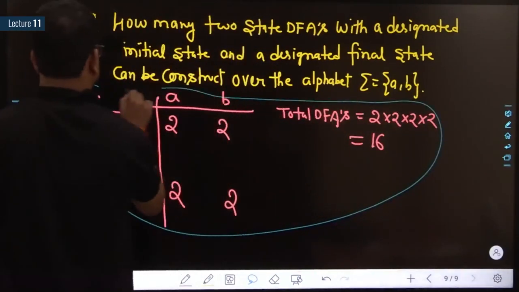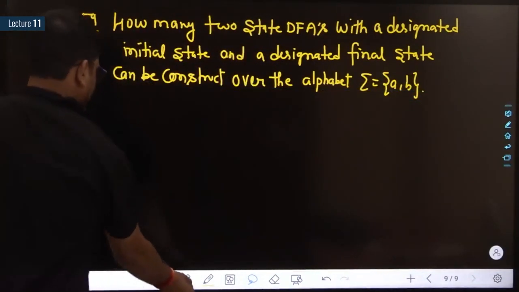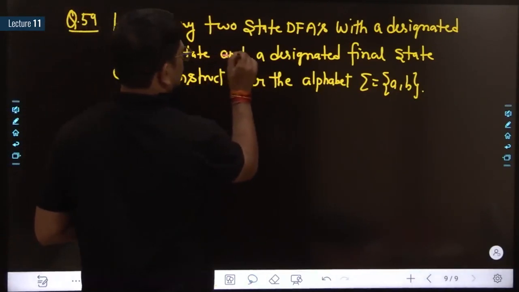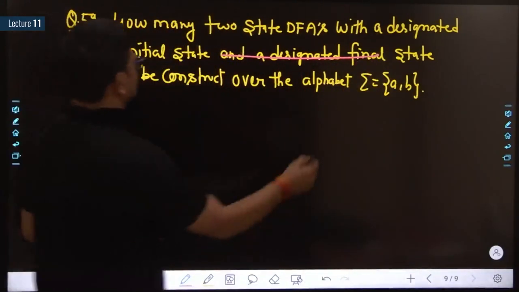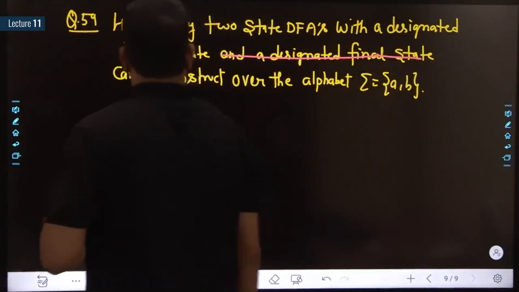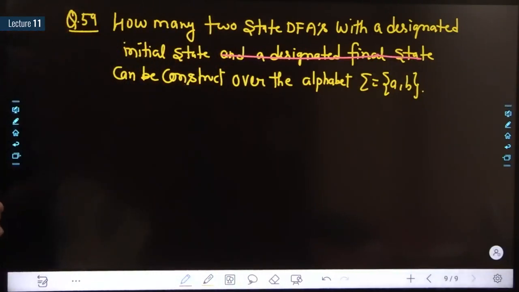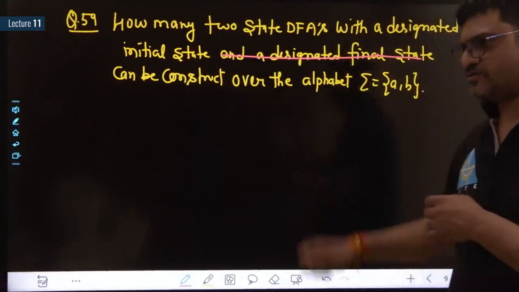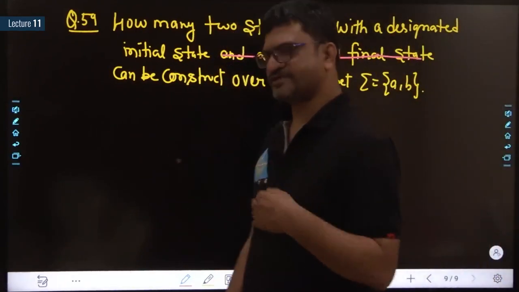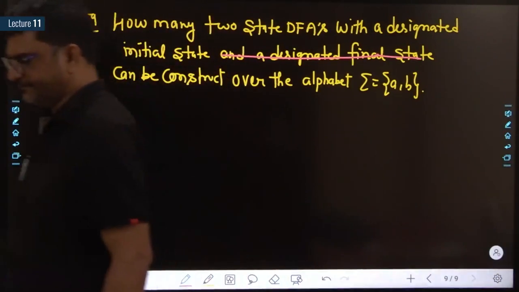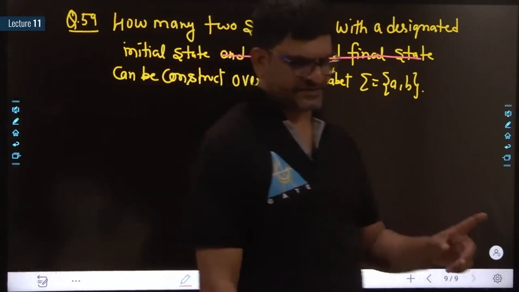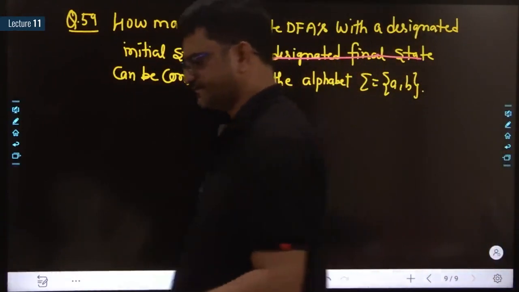If this is not given, this is not given, how many two-state DFAs with a designated initial state can be constructed over the alphabet A, B? Now, try to do this question. After 2 or 3 minutes, I will explain. It means only the initial state is fixed, the final state is not fixed.